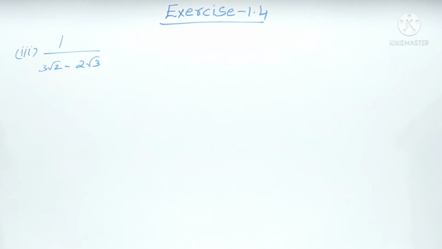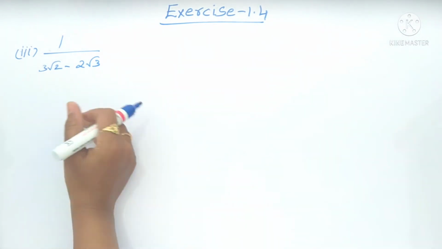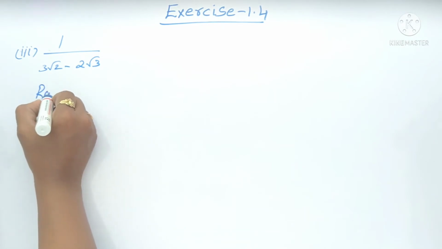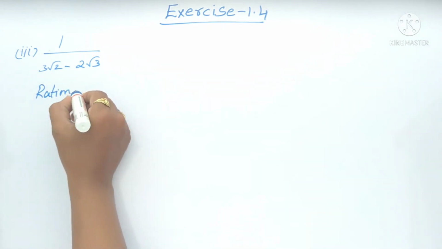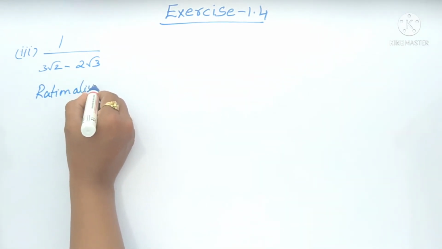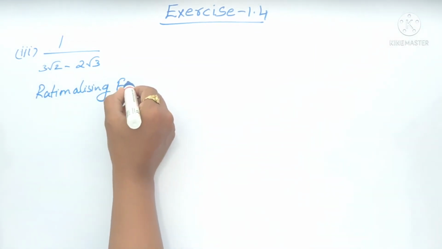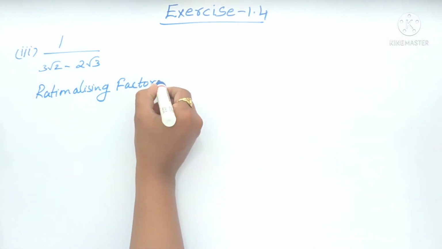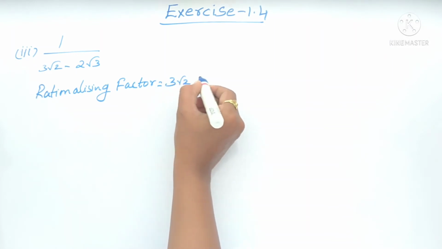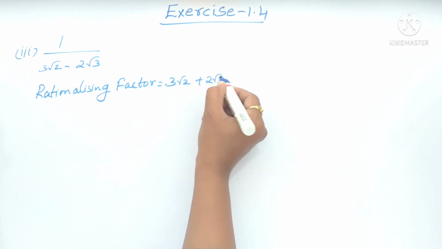Minus. So what is the rationalizing factor here? 3√2 plus 2√3. So that's what we'll write. Rationalizing factor is equal to 3√2 plus 2√3.